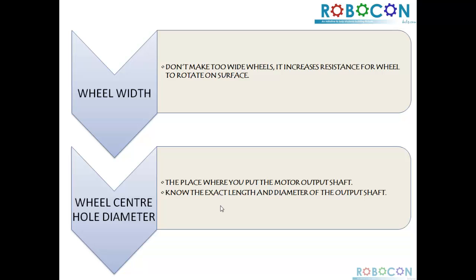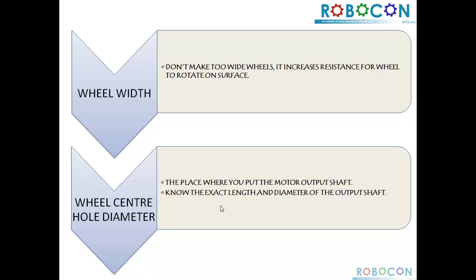Don't make wheels too wide, as it increases the resistance for the wheel to rotate on the surface. A good example is racing bicycles. They use very thin tires because the moment you increase the thickness of the tire, it increases the resistance to rotate on the surface.